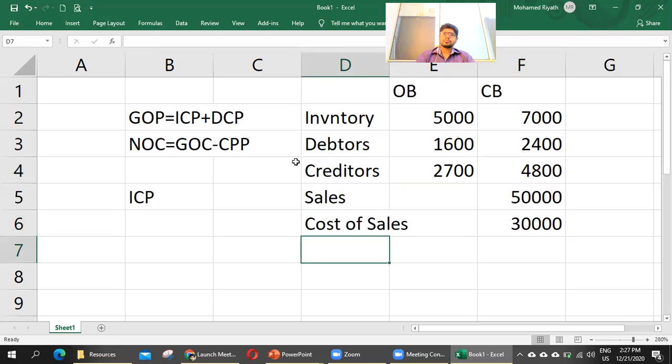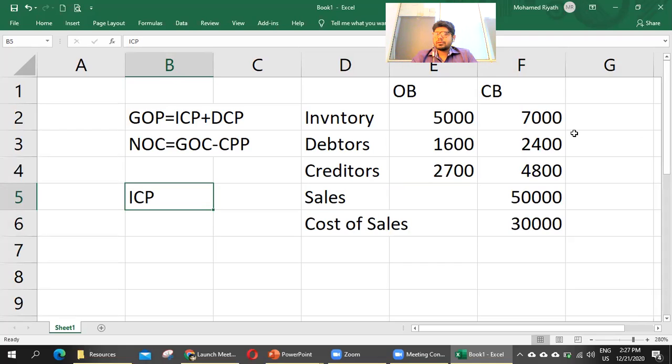To calculate inventory conversion period, what's the equation? Equals average inventory divided by cost of sales, into 365.